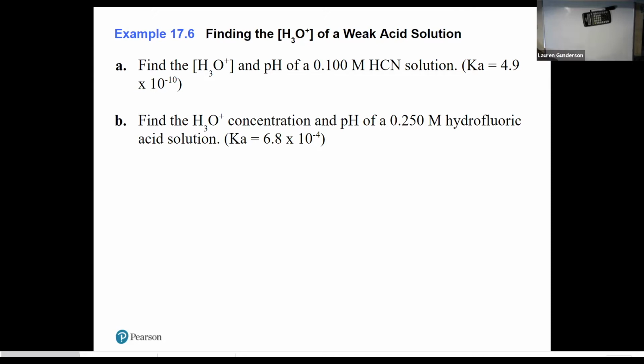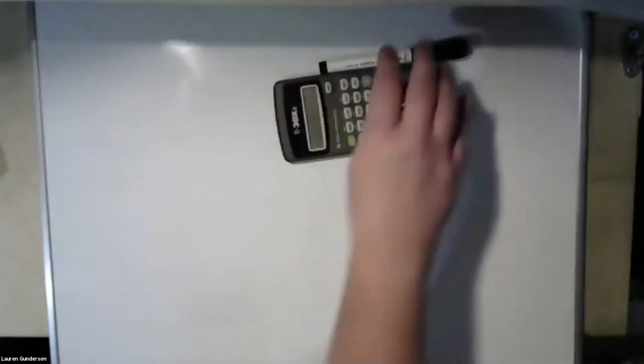Now, you've heard in lecture that you need to know what your 6 strong acids and your 6 strong bases are, right? There's a reason for this. Because you need to be able to identify right off the bat what a strong acid is, so that you realize that everything that's not a strong acid is going to be a weak acid, as long as it's an acid of some kind.